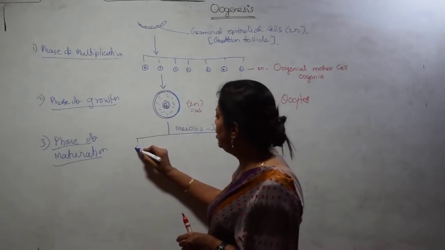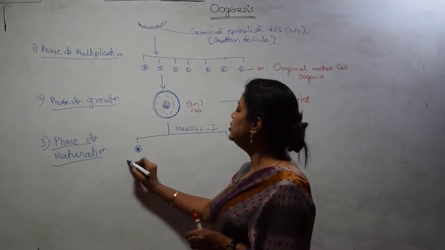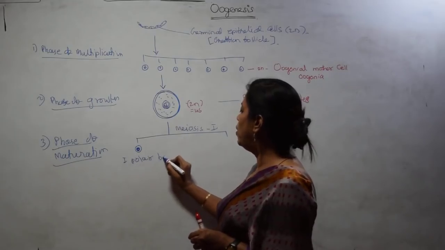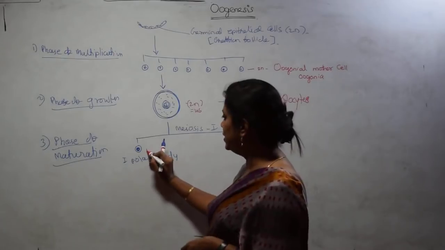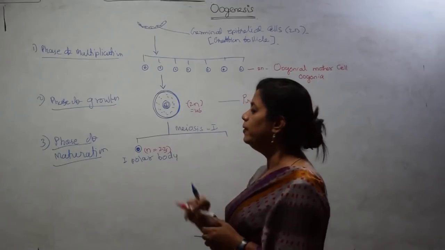Therefore, the first cell formed here is a very small one, and this is called the first polar body or polocyte. This is haploid in nature. Remember, n equal to 23. Right?